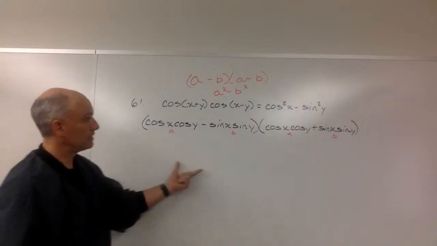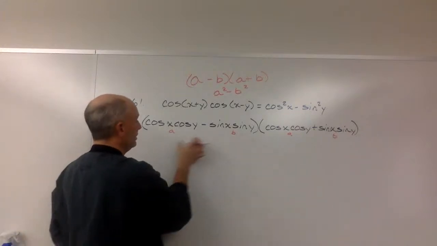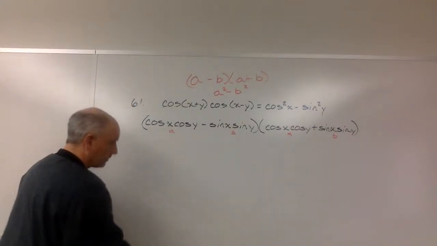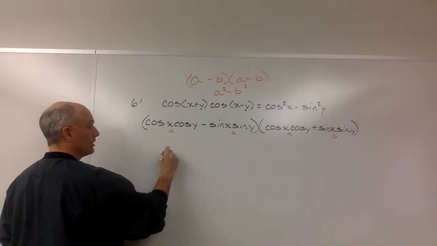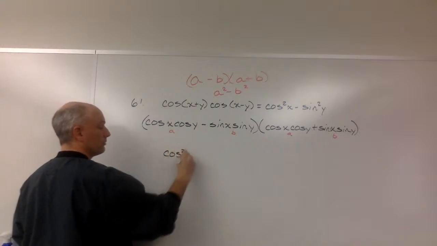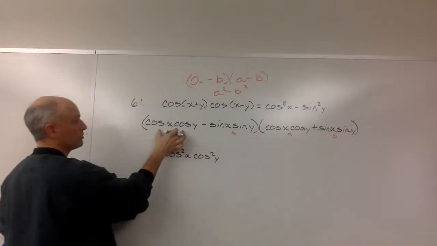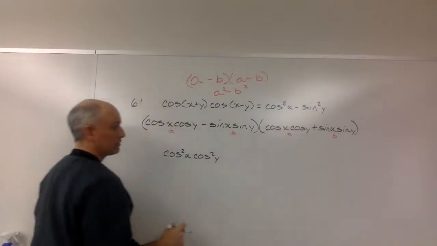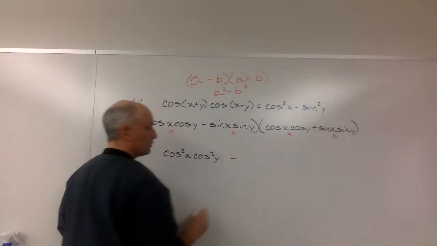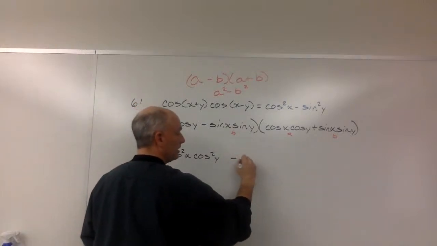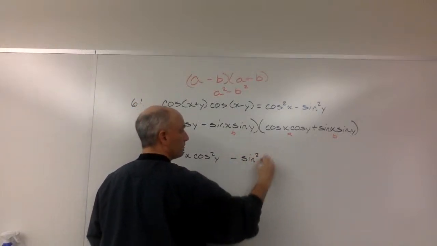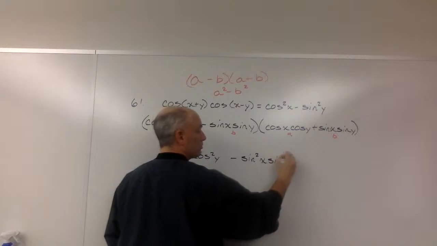The same thing's going to happen here. In this particular case I would have cosine squared of x, cosine squared of y, because I'm squaring this whole thing, cosine of x, cosine of y times cosine of x, cosine of y. Middles drop out, leaving us a minus of sine squared x, sine squared of y.